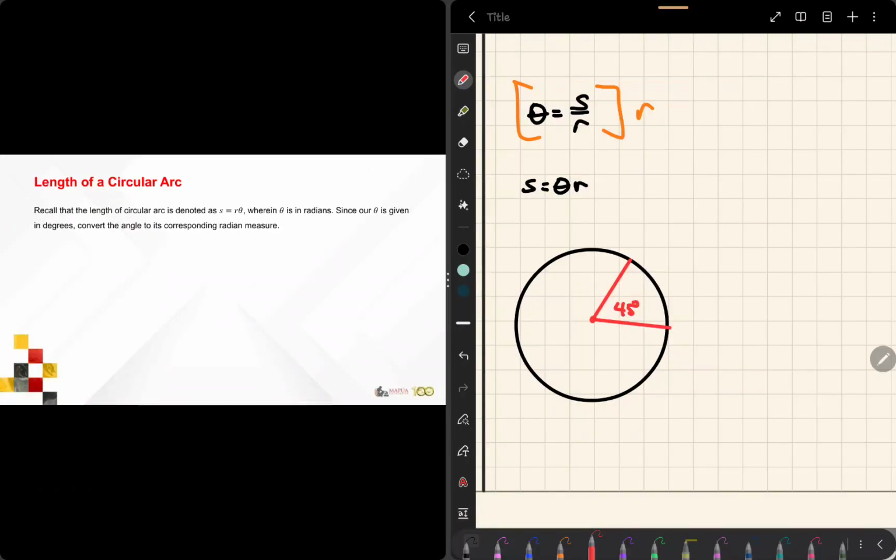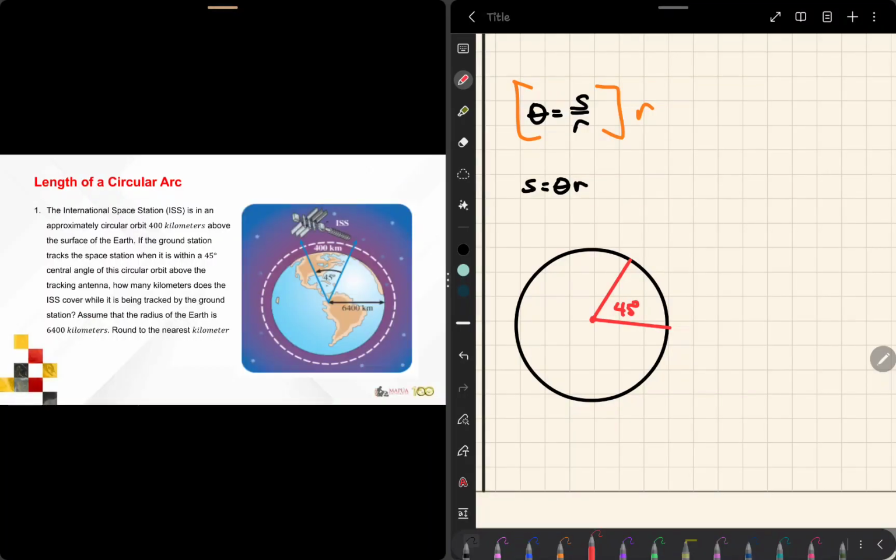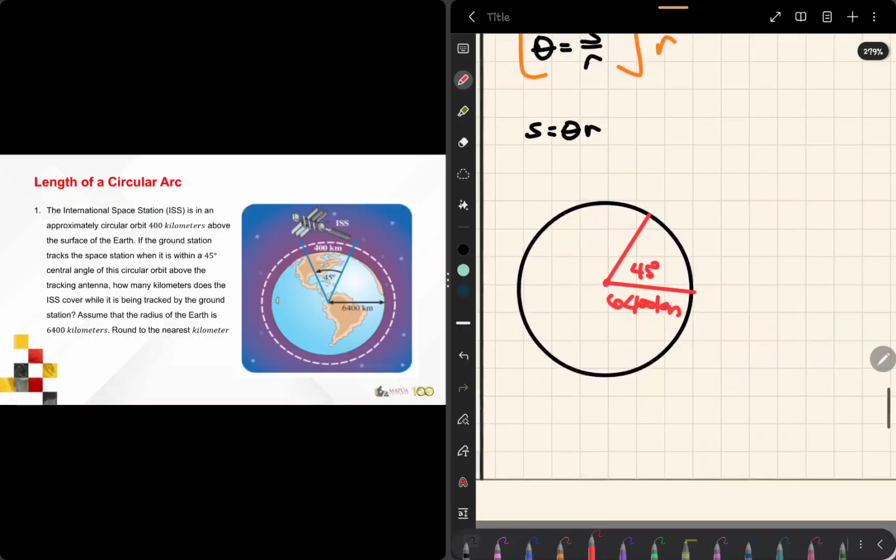Since we have the 45-degree angle, we can now solve for it, given our radius, which is equal to 6,400 kilometers. However, it is stated in the problem that this circular path of the International Space Station is 400 kilometers above the Earth.